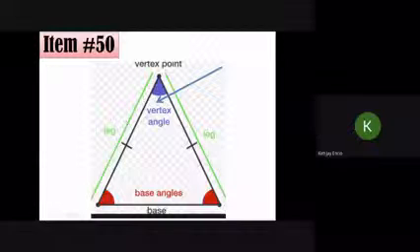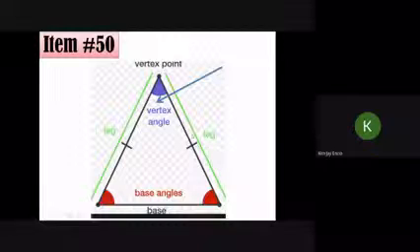The 2 equal sides are what we call legs. And the point that is common to both legs is what we call your vertex point. The angle included by the two legs is what we call the vertex angle. And the base here may or may not be equal to your legs.